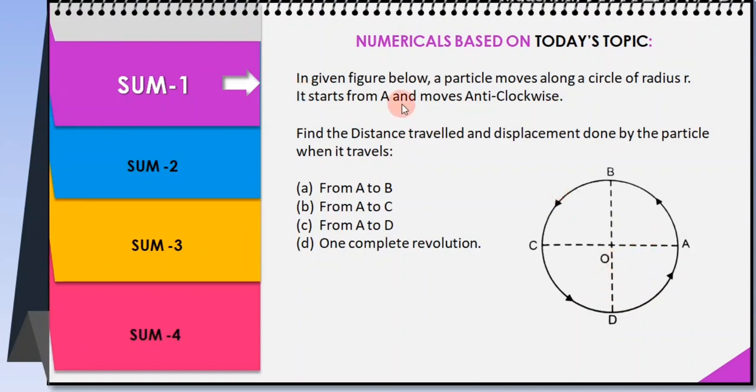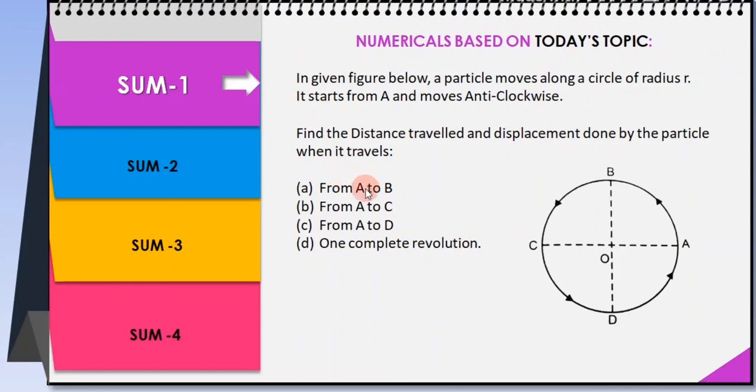It is starting from point A and moving anti-clockwise, so from A to B, B to C, C to D and D to A. Now you have to find the distance traveled and the displacement done by the particle when it travels first from A to B, then A to C, A to D and one complete revolution. So four cases, and in each case you have to find the distance traveled and the displacement.